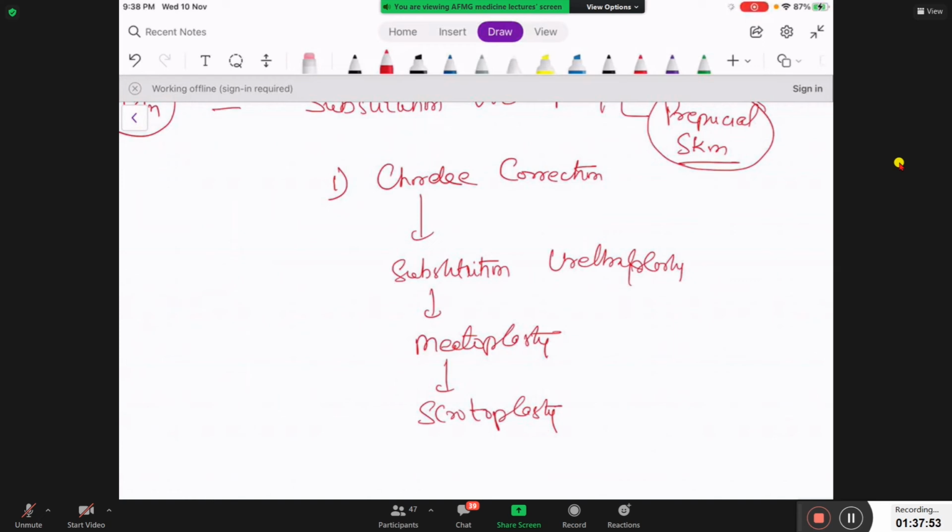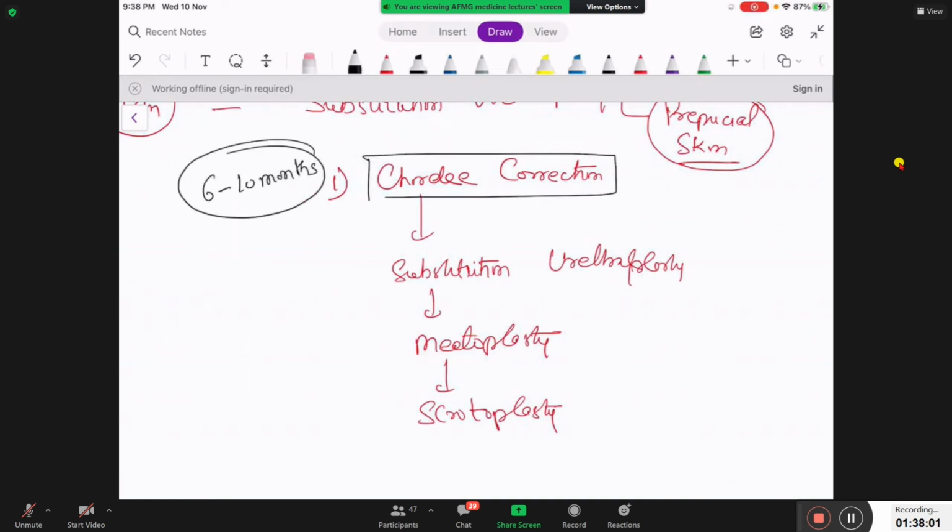Right? And the guideline says this chordee correction should start at the age of 6 to 10 months. So if you are asked what is the best time of doing correction for hypospadias, it is 6 to 10 months. And all these things should be over by 18 months.